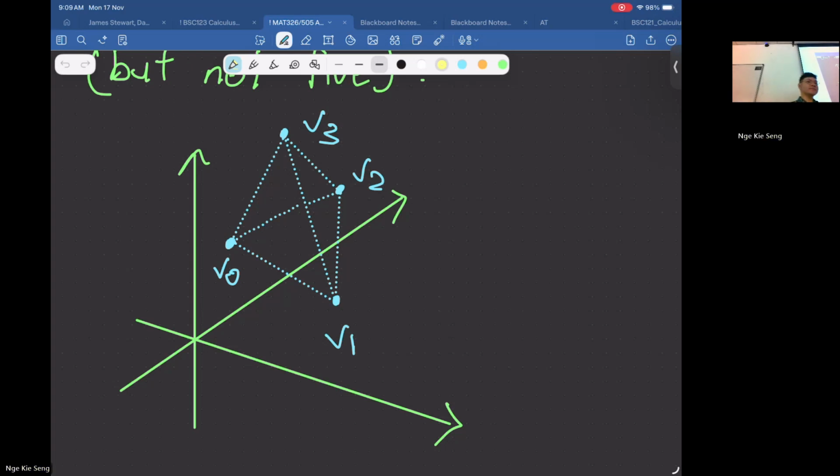This is a generic position for 4 points here, so they are affinely independent. Another way to see it is that their differences are linearly independent. I mean the difference vectors, meaning you take v1 minus v0, v1 minus v2, v1 minus v3.